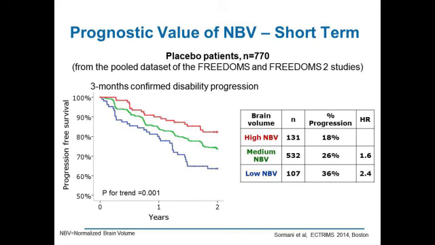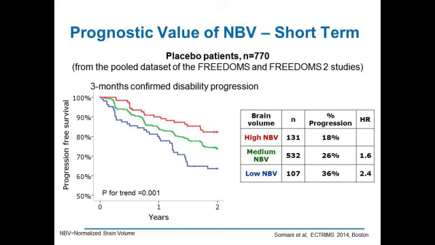In this slide, I show you the prognostic value of the normalized brain volume. NBV is for normalized brain volume, that is the volume of the brain normalized for the head size, over the short term. This is an analysis run on the placebo arms of two clinical trials pooled together, the FREEDOMS and the FREEDOMS 2 studies, that were two clinical trials assessing the efficacy of fingolimod versus placebo over 2 years.